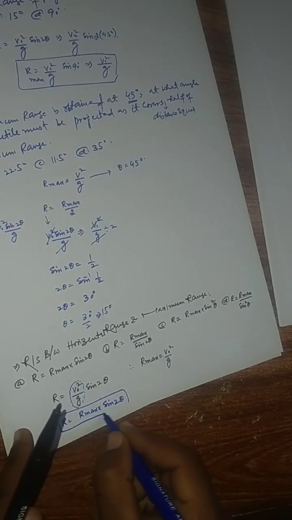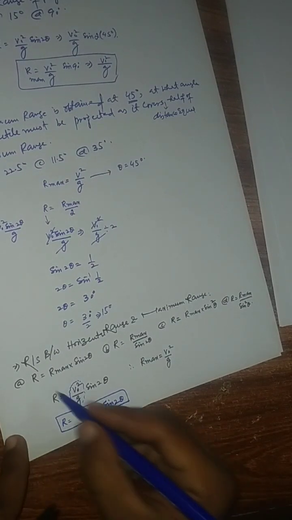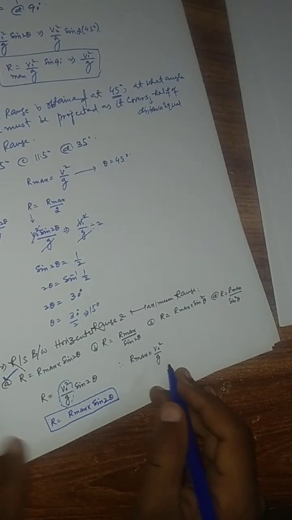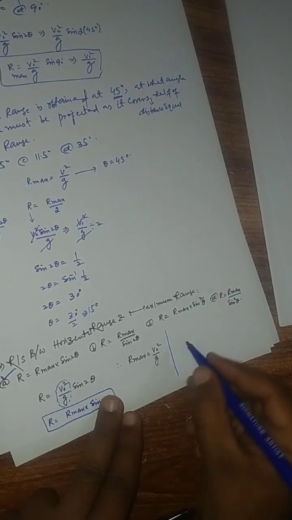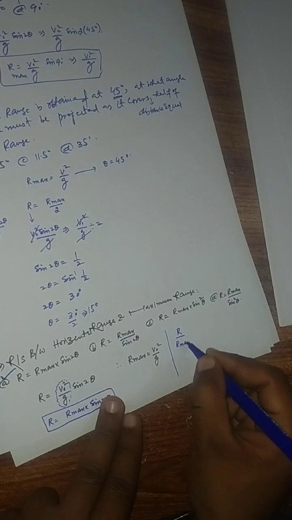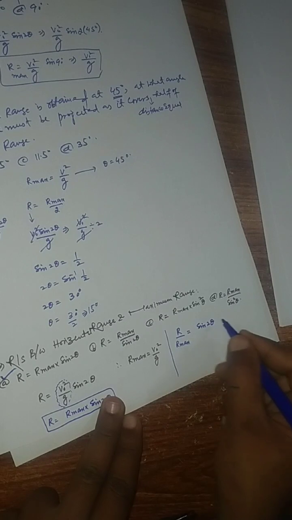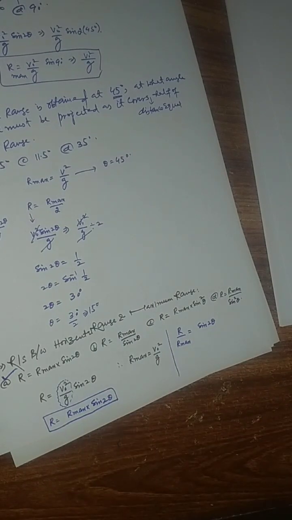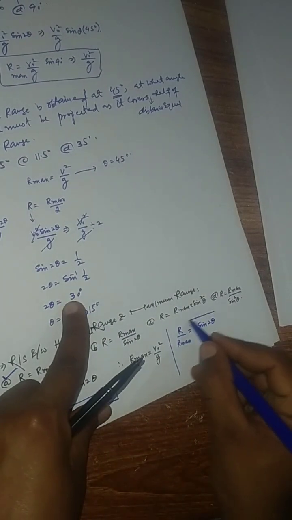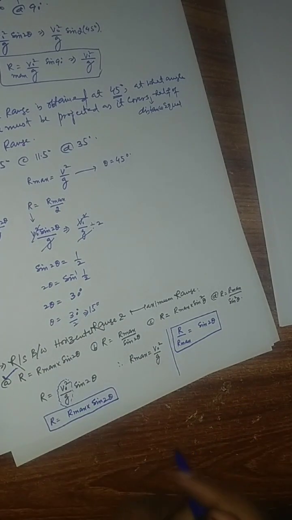So this is the relationship between R and R maximum. So the correct answer is this one. Or we say the ratio of horizontal range to maximum range is equal to sine 2 theta.